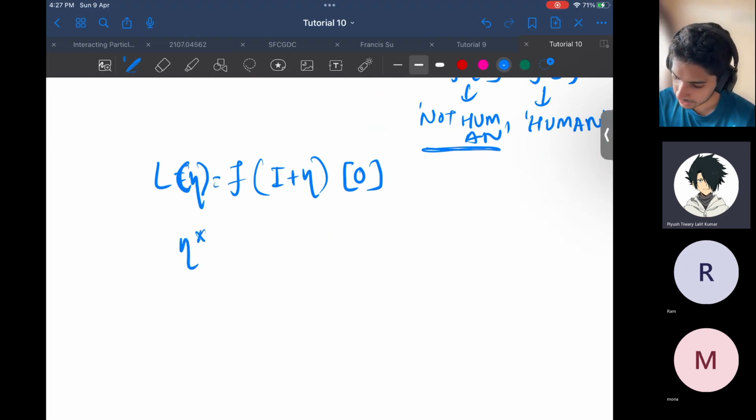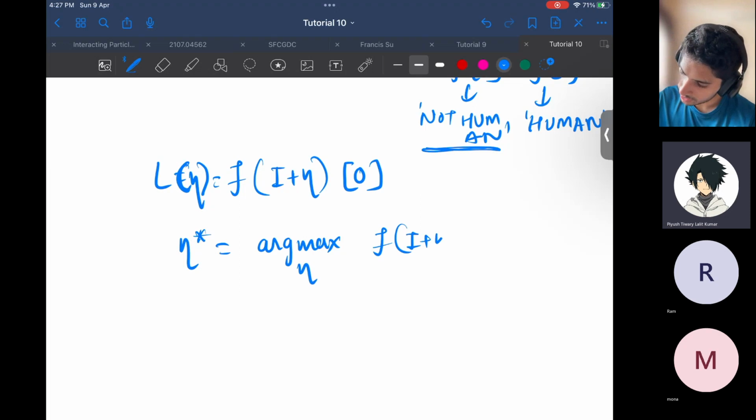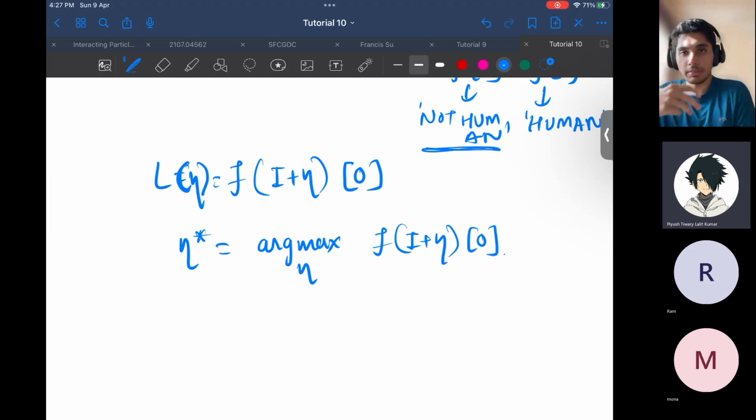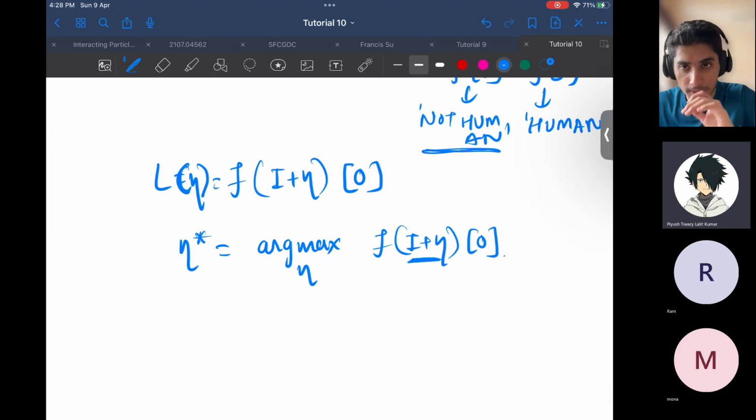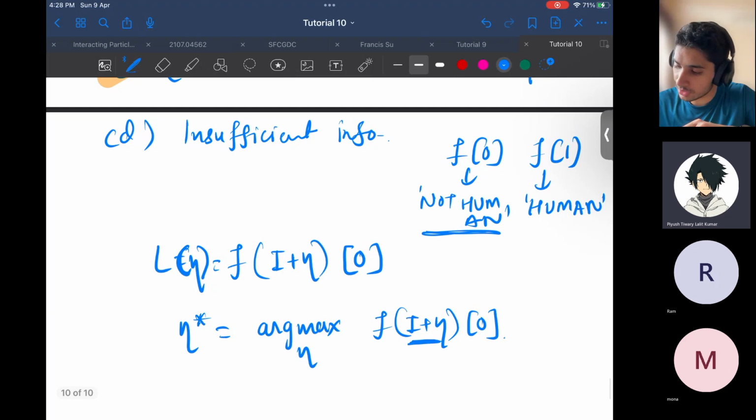So I will obtain my eta star as arg max over eta of f of I plus eta, at the zeroth index. What I am saying is that I will construct a noise eta, however this noise should be such that when I add it to my original image I, it should maximize the non-human logit.